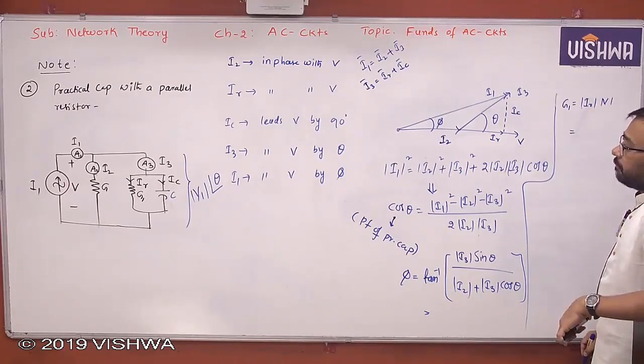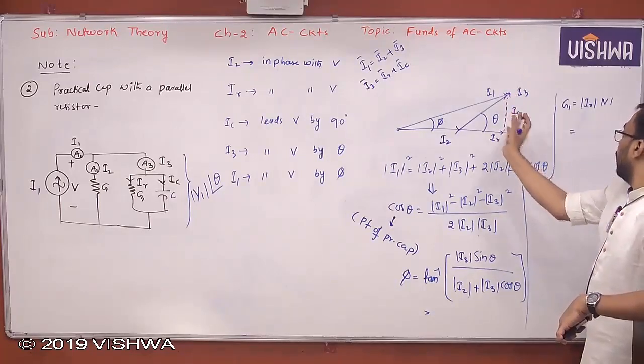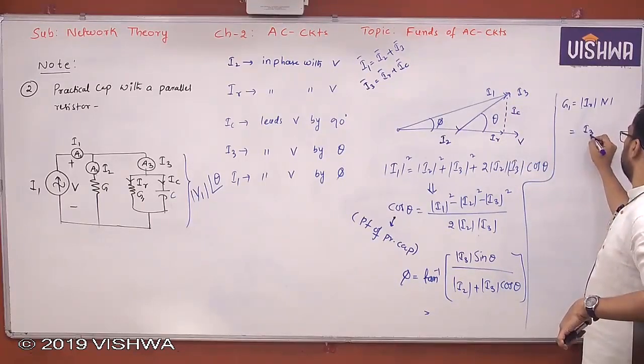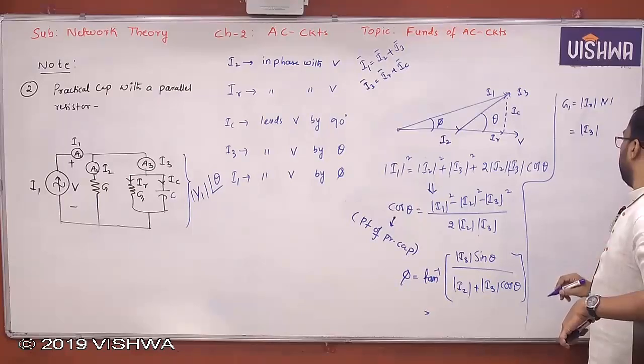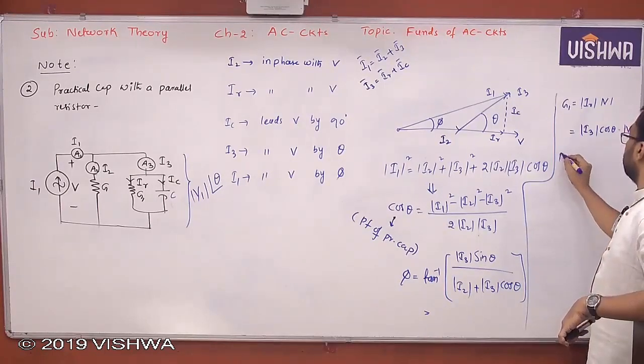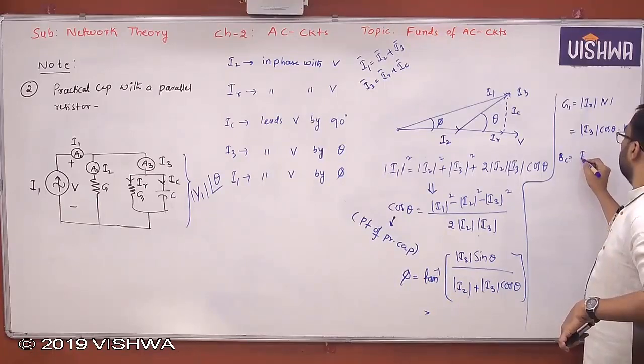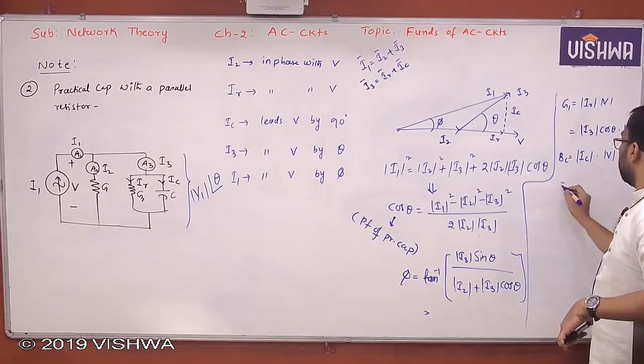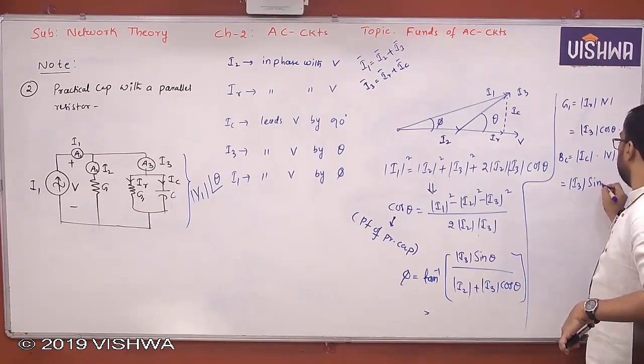IR is nothing but I3 cos theta, by V. What is BC? IC by V. But what is IC? I3 sine theta by V. Clear all of you? Okay.